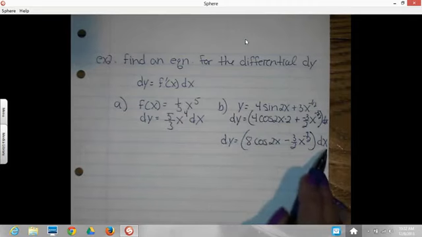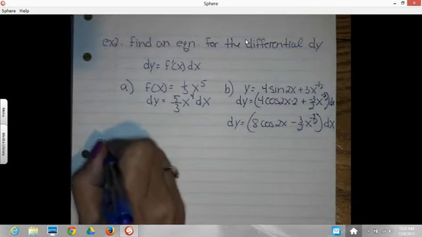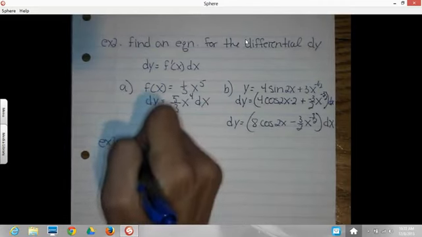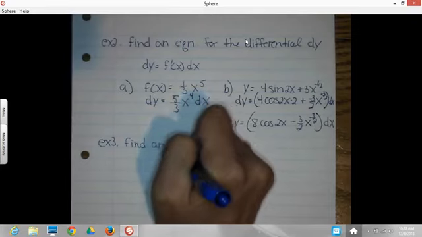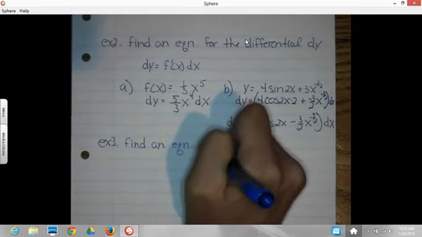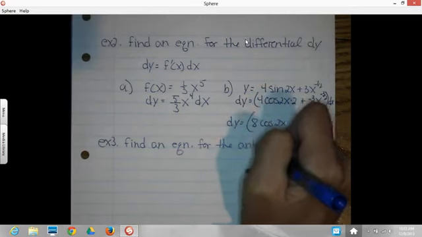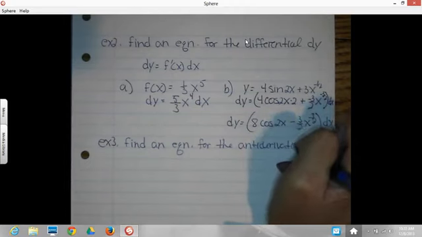Okay, the last example, you are going to find an equation for the antiderivative y.